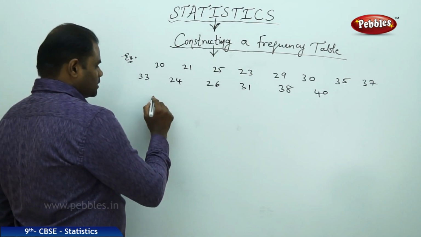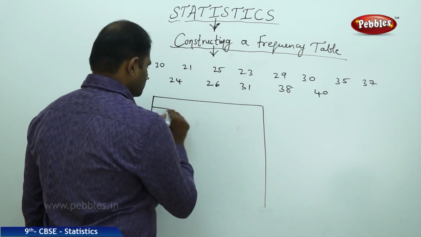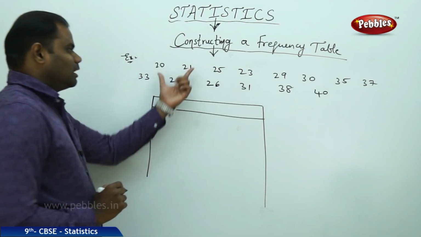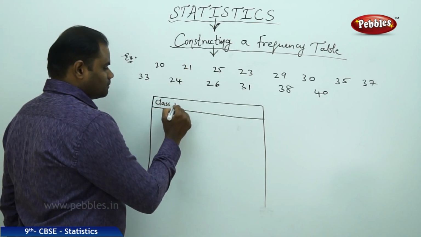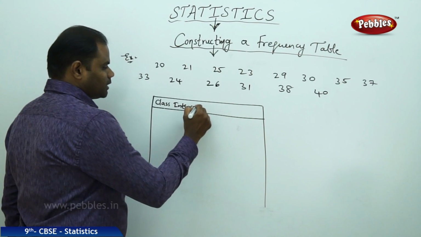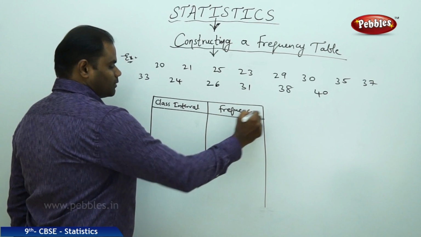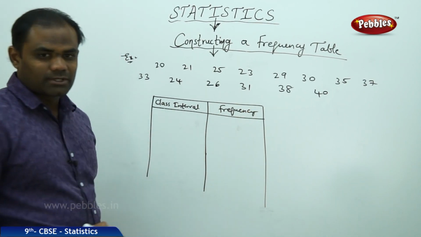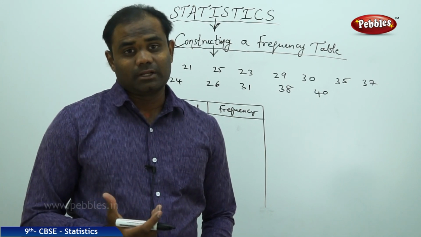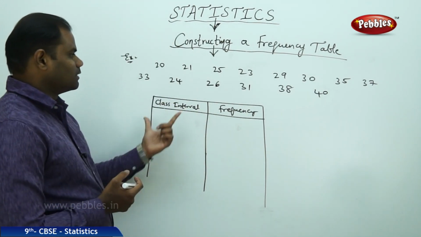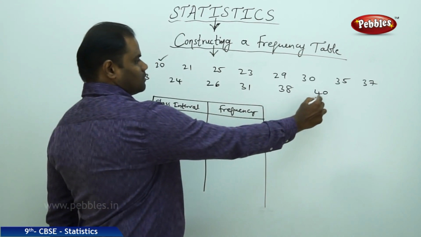Now a frequency table is constructed with the marks or whatever values given here, which is defined as class interval. We take class interval and then we take the frequency. We have discussed recently that frequency is the number of times the data occurs, and hence if we take the class interval, we first pick the lowest value and then the highest value.